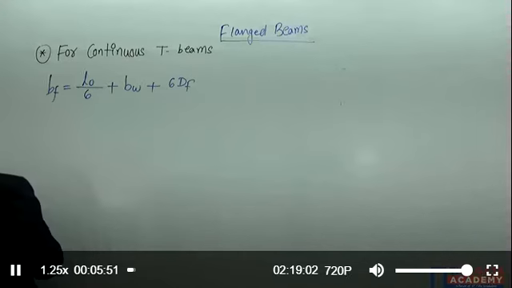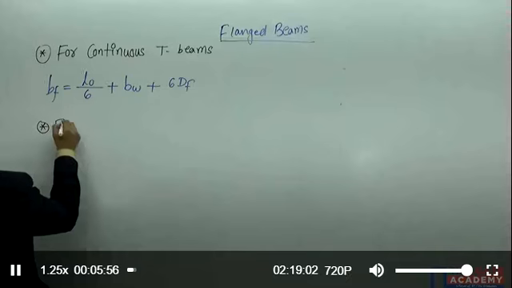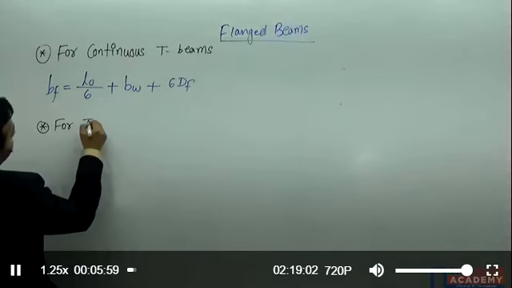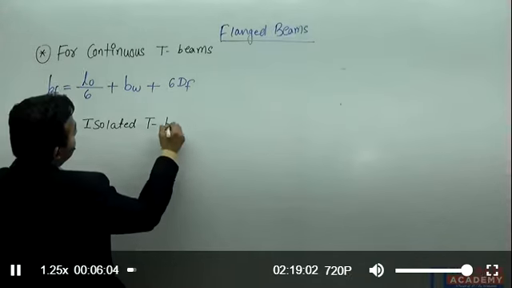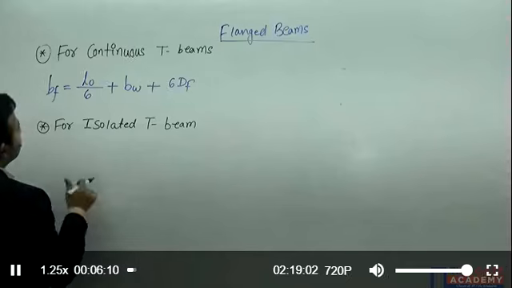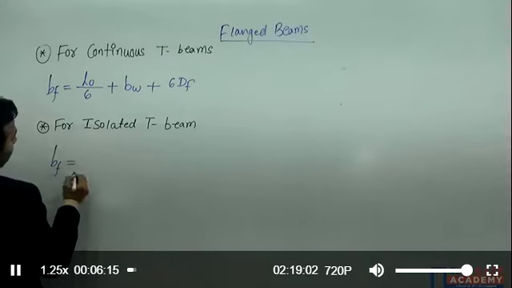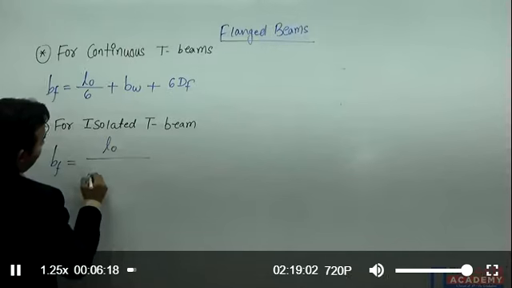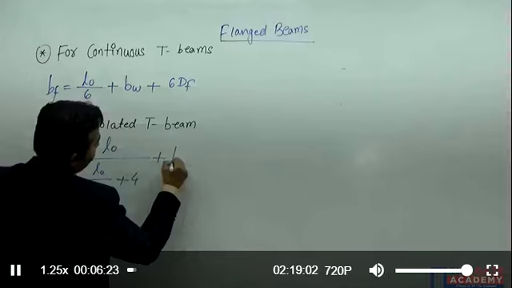Then for an isolated T-beam, the effective width is given as bf = L0/(L0/b + 4) + bw.